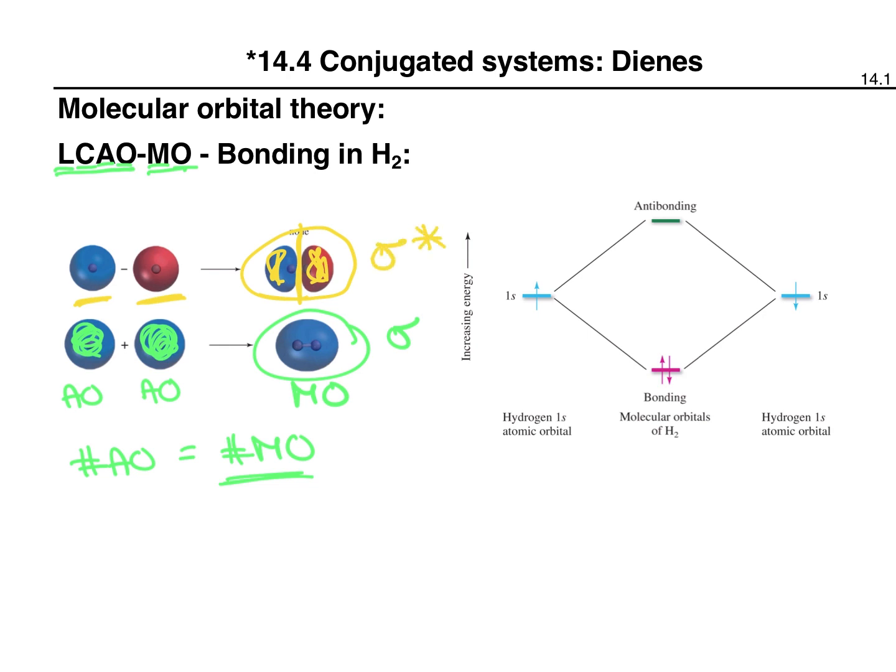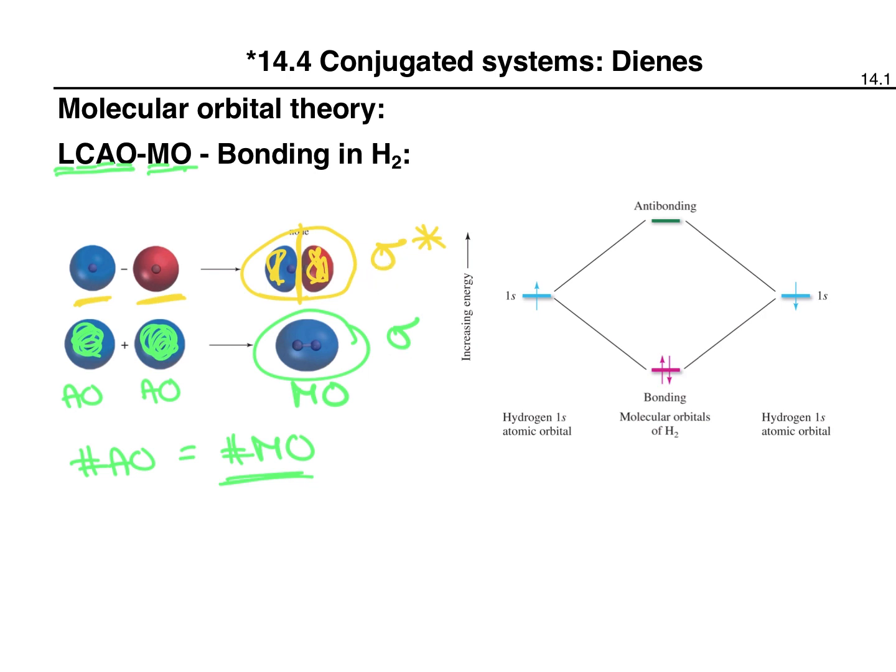It's sigma because technically we still have the electron density along this axis, not way above and way below, but star because we have a node. There's no advantage because there's no electron density in between the two nuclei holding them together. So from two atomic orbitals combining in different ways, we get two molecular orbitals, a sigma and a sigma star.